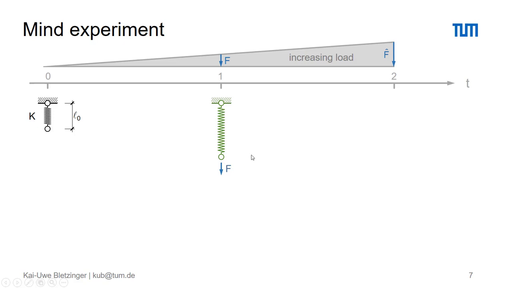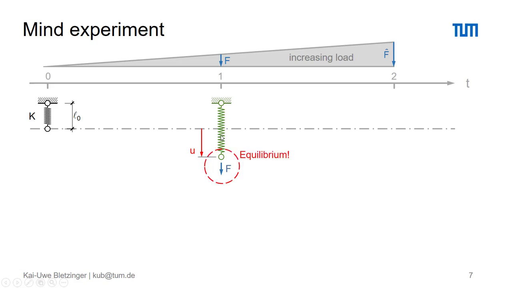Consequently, the spring became longer. If we measure that with respect to the initial position of this point here, we can observe the elongation of this spring. We again apply the laws we have seen on the previous slide regarding the spring, and we observe equilibrium between the force, the displacement, and the stiffness of that spring.